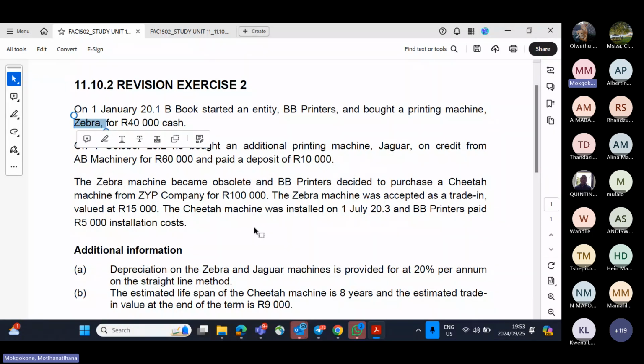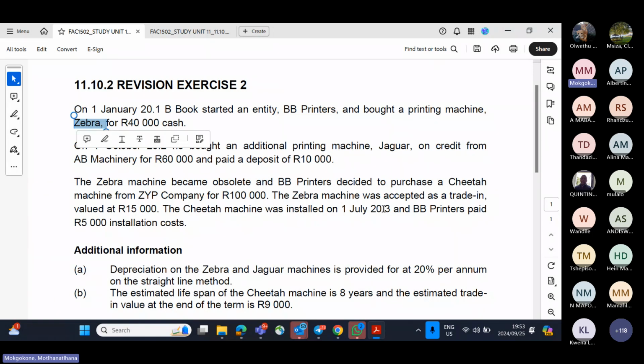We'll say 40,000 times 20 over 100, the rate given, because the machine was traded in on 1st of July 2023. Then you'll say January, February, March, April, May, June, because this is the beginning of July.